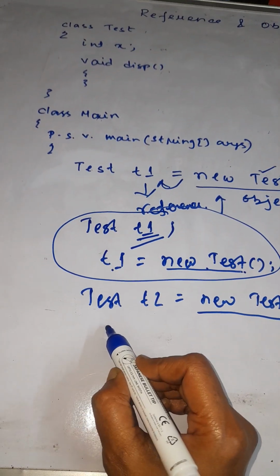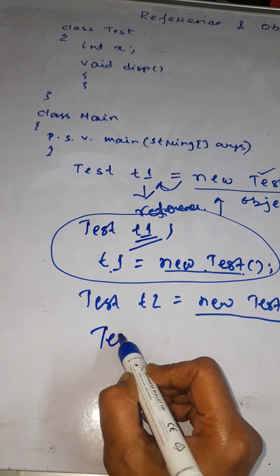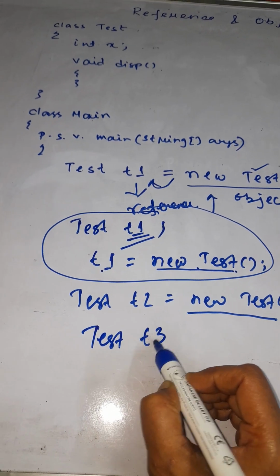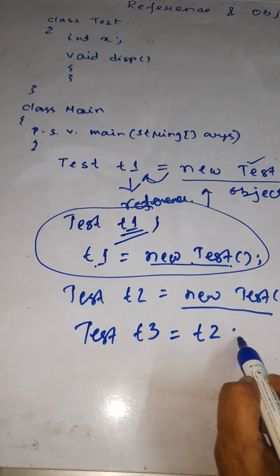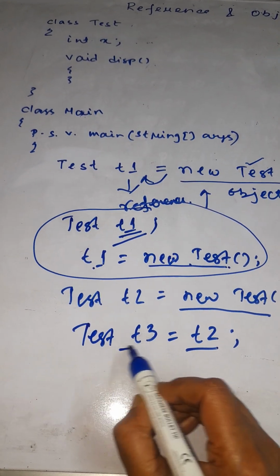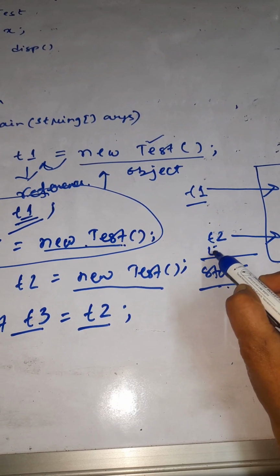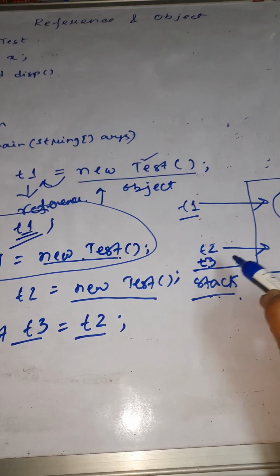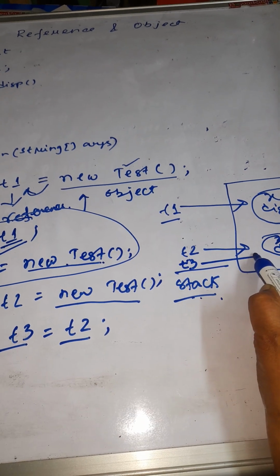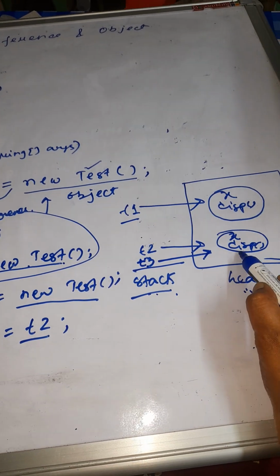Now if you do like this, Test t3 equal to t2. So t2 and t3 both refer to the same object, but t3 is one more reference type of variable which also holds the address of this object.